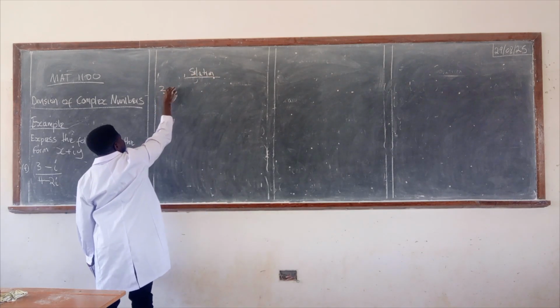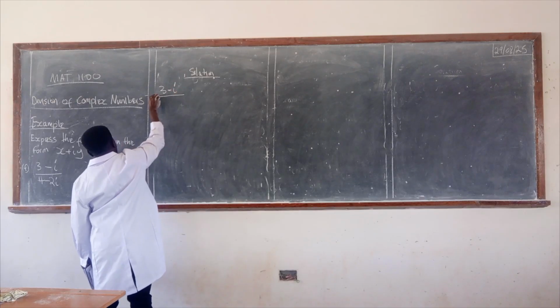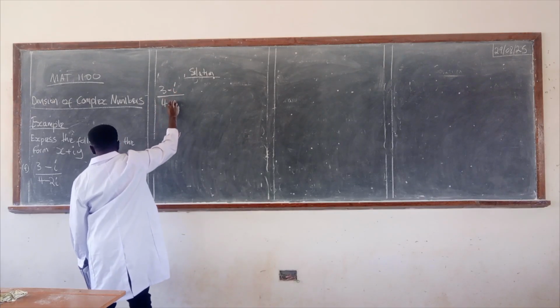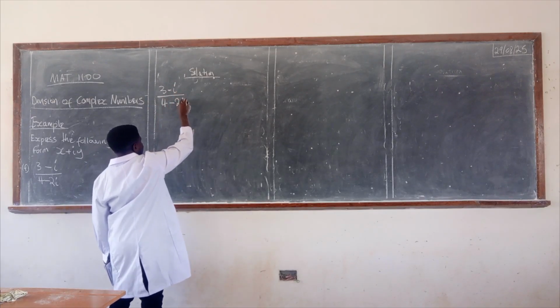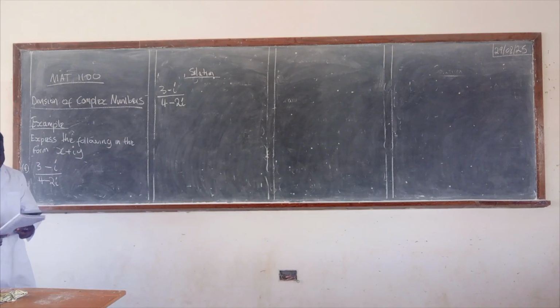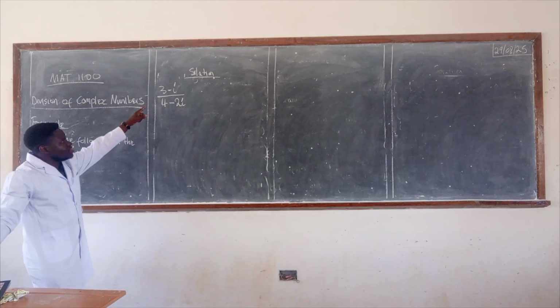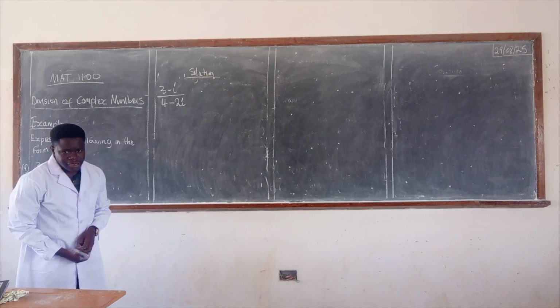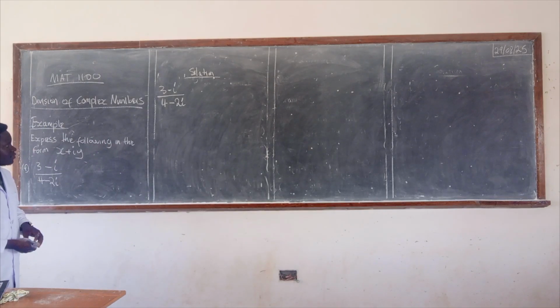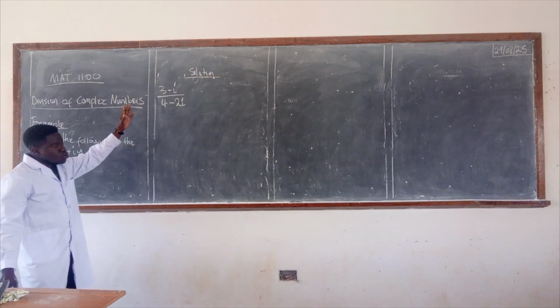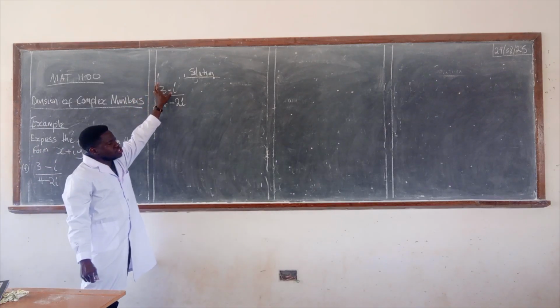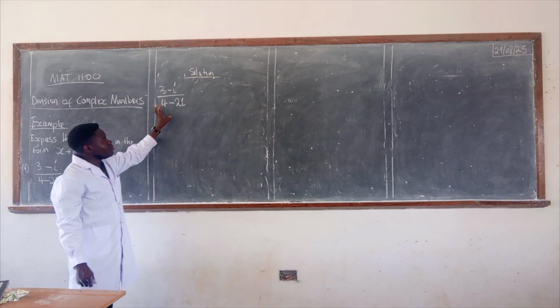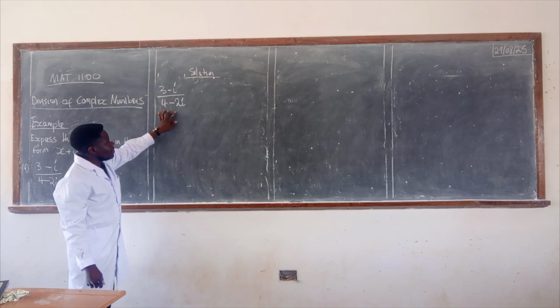So we have this complex number 3i over 4 minus 2i. If you can see here, there's an over sign here. So this means division, okay? If you see there are two complex numbers here, the one which is the numerator and the one down which is the denominator.